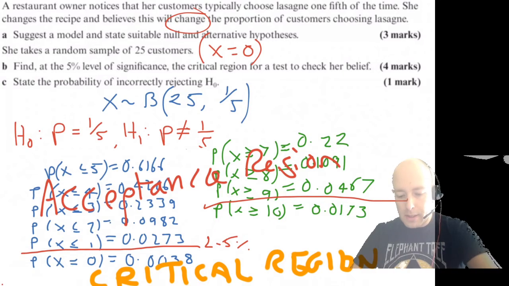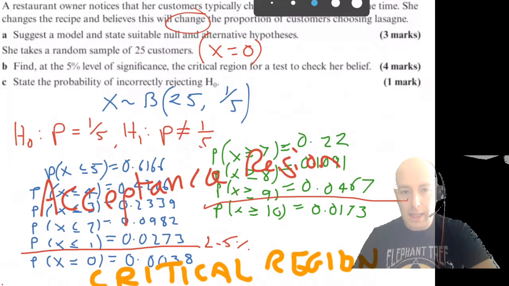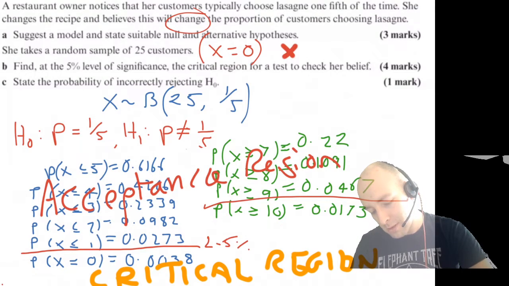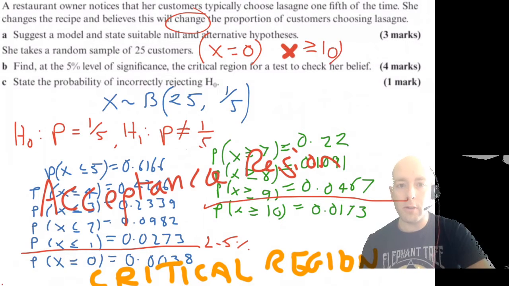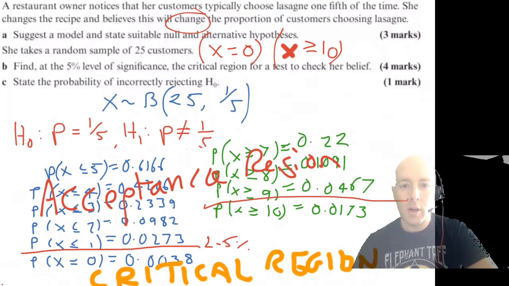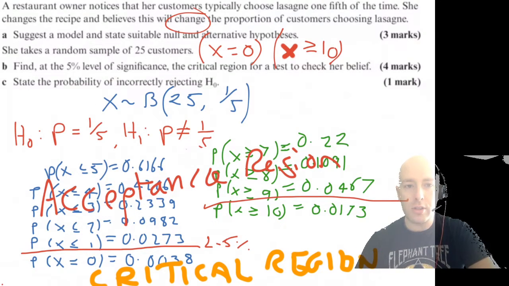So I make our critical regions to be x equals 0 or x is greater than or equal to 10. If we found either 0 customers ate lasagna or 10 or more customers ate lasagna, we would then reject H0 and accept H1.